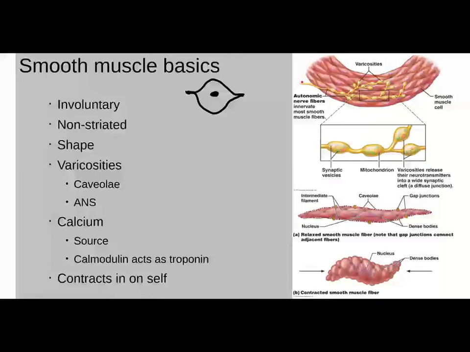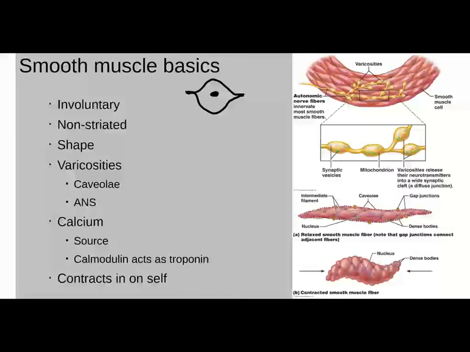Instead of branching out and having axon terminals, we get these swollen areas near the end, and these are called varicosities. Varicosities really act very similar to axon terminals. They still have synaptic vesicles that have a neurotransmitter inside of them, but they're not just at the end. They kind of spread out, and they're all along the ending length of the axons.